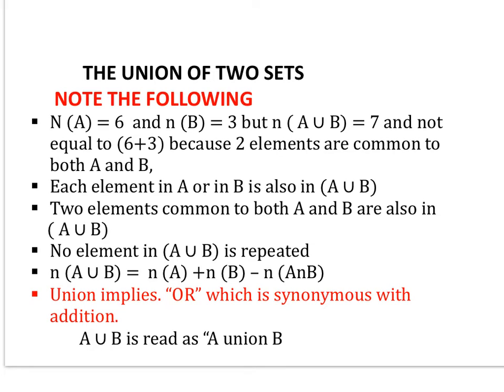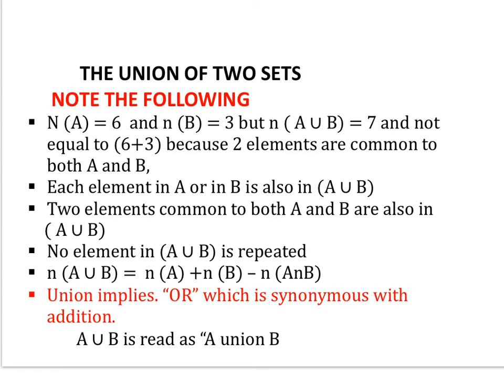Because two elements, B and C, are common to both sets A and B, that is why the number of A union B is equal to 7 instead of 9. B and C are in A and also in B, so there is no need to repeat B and C. That is why n(A union B) is equal to 7.